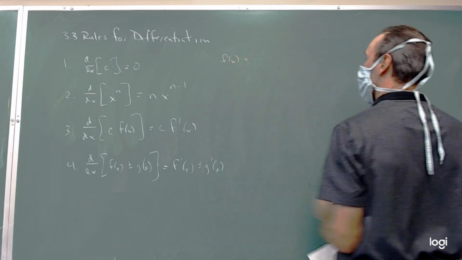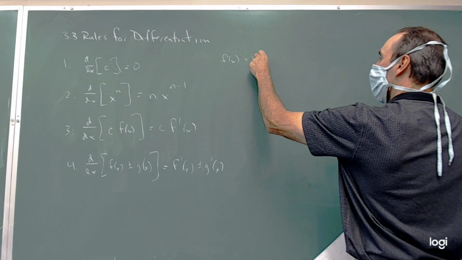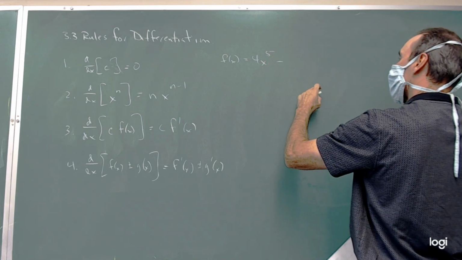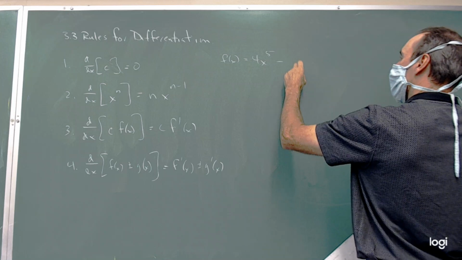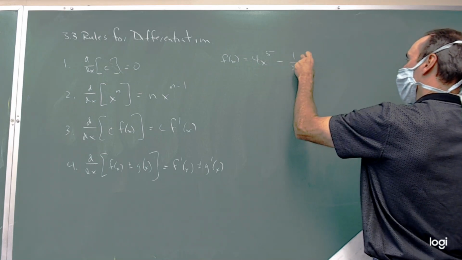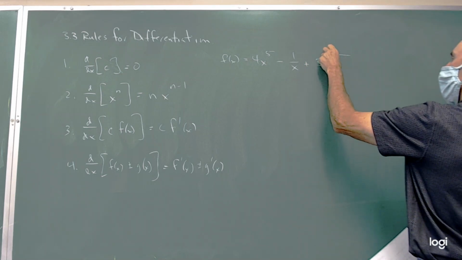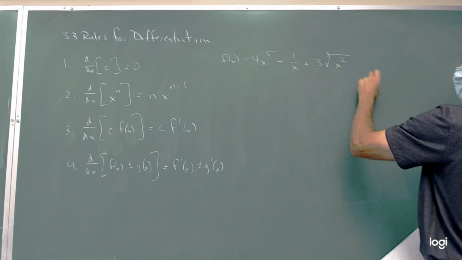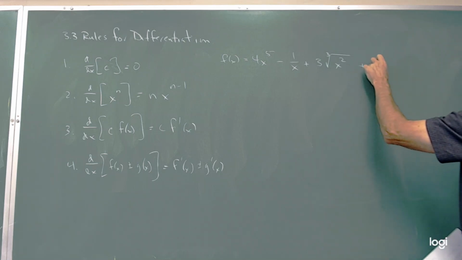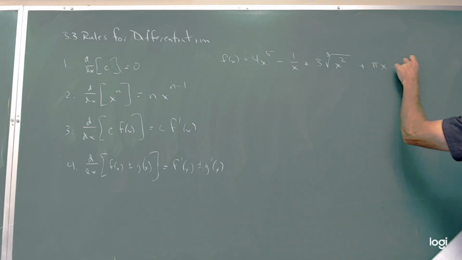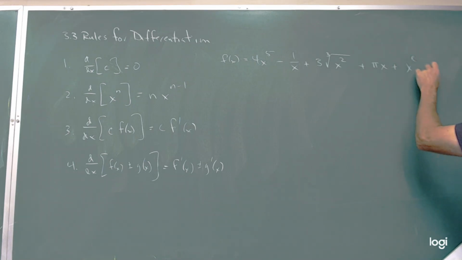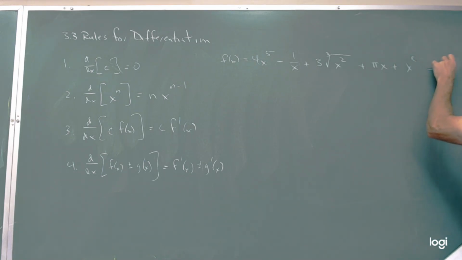This isn't actually polynomial, but we have 4x to the 5th minus, let's say 1 over x plus 3 times the cube root of x squared plus pi times x plus x to the e minus pi to the e power. We can find the derivative of this.